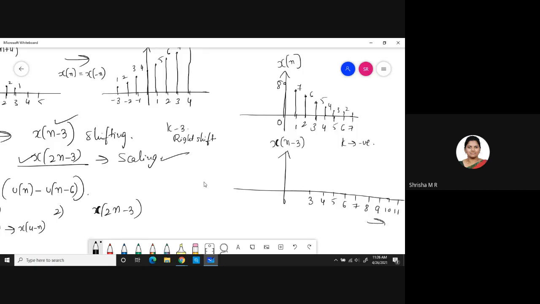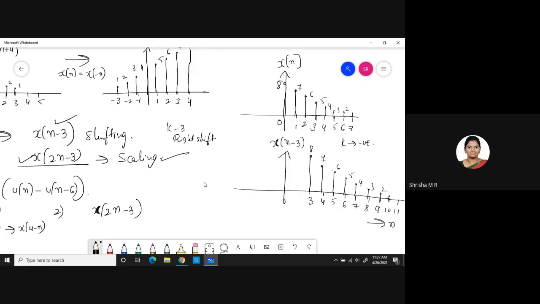I'll just put n values randomly. So whatever is at 0, amplitude 8, will go to 3. So this is 8, 7, 6, 5, 4, 3, 2, and 1. Got it? So this is our x of n minus 3.